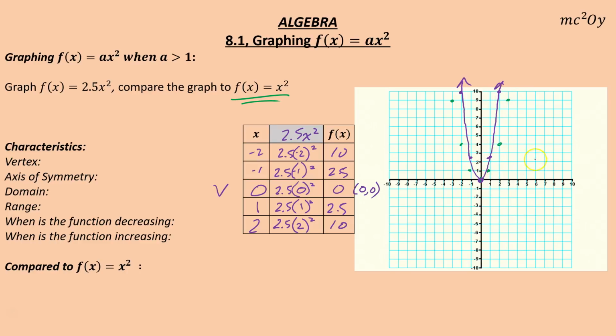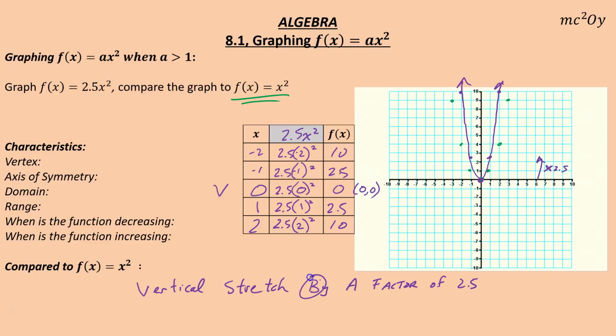It's stretched. It's moved upward by a factor of 2.5, which kind of makes sense because the parent function is x squared, and we're multiplying the x squared by 2.5. So this is called a vertical stretch by a factor of 2.5.